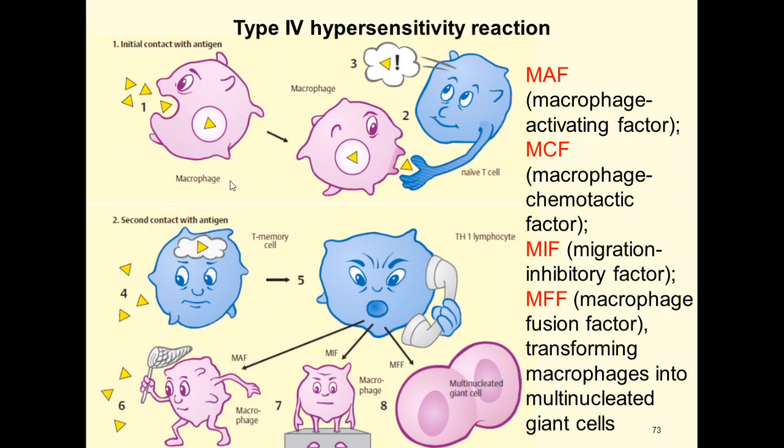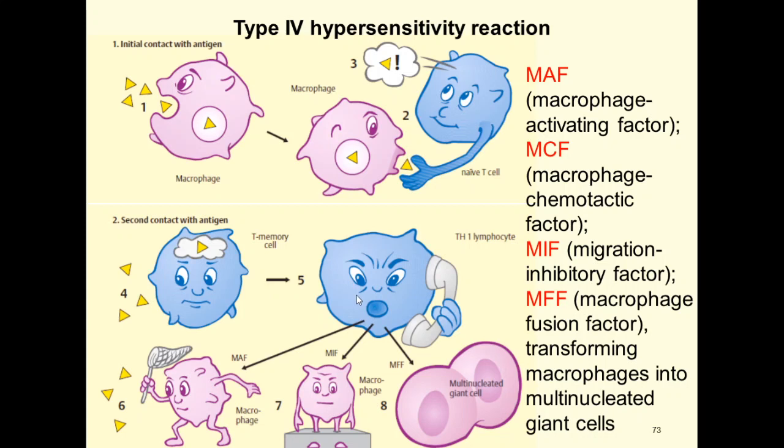So again, initial contact with antigen. The macrophage eats it, then shows it to the naive T cell. And second contact with antigen. The T cell has already memorized, so it remembers this antigen.